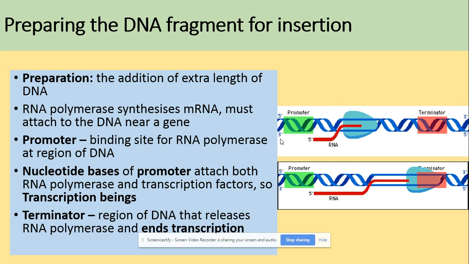We need nucleotide bases in the promoter that attach both RNA polymerase and transcription factors, so transcription can take place. And we need a terminator, so that's the region of DNA that releases RNA polymerase and ends transcription. All those are needed so the protein can be transcribed.